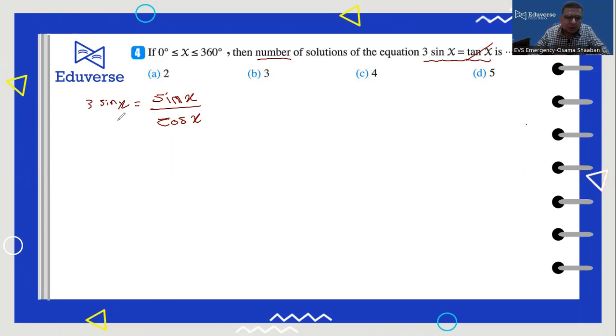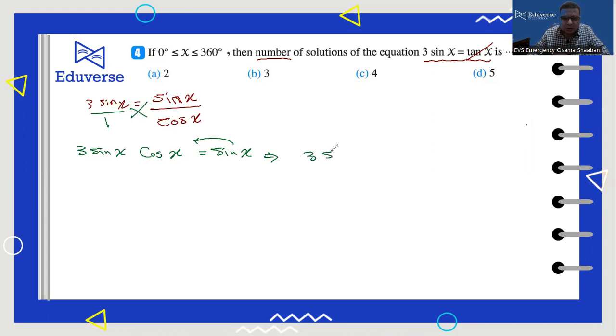By making cross multiplication, put here 1, you will get 3 sine x multiplied by cosine x equals sine x. Then move sine x here.